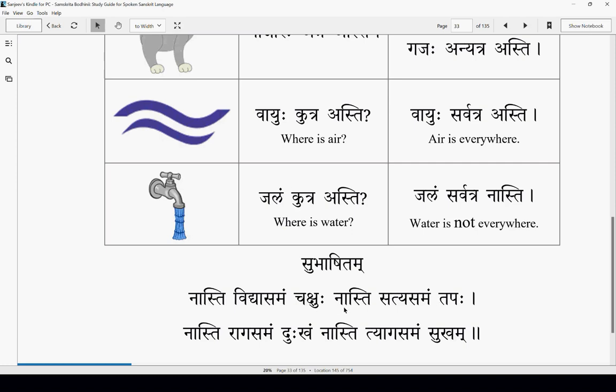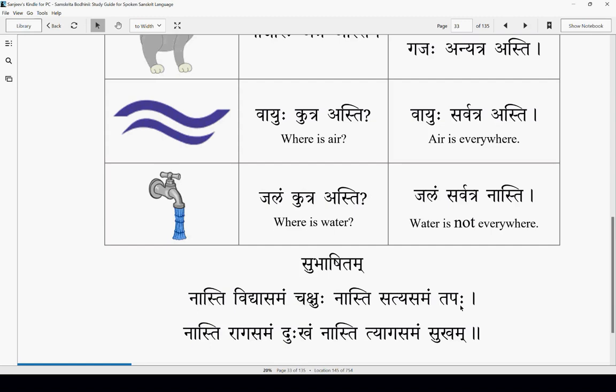And after that, what is the next part? Nasti satya samam tapaha. So there is nothing that can give you satyam besides tapaha. Tapaha is like meditation, or what do you call that? I call it penance. Yeah, correct.